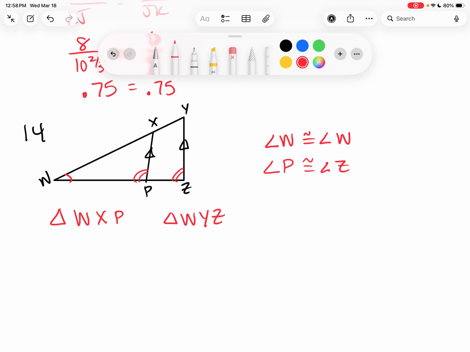So based on that, what do we know? If the other two angles are congruent, the last one has to be congruent. Yep, and they would be for the same reason. This is also a transversal here, or like being cut by a transversal. So those also are congruent. So with all of that information, are these triangles similar? Yes.